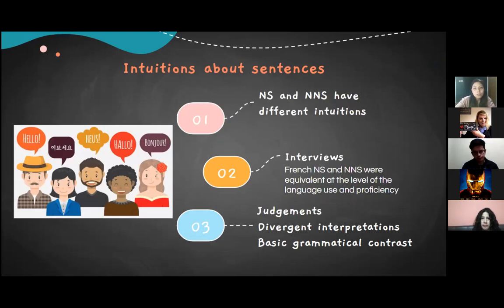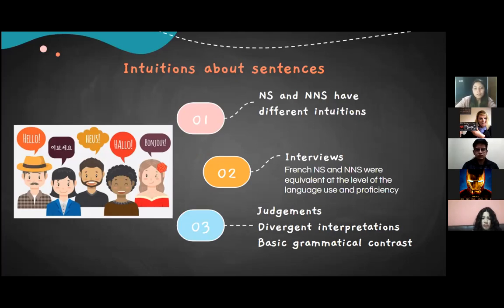On intuitions about sentences, native speakers and non-native speakers have different intuitions. Co-authors investigated that non-native speakers show this difference even if they produce the same structures. In extensive interviews, they investigated native and near-native speakers of French who are at the same level of language use and proficiency.